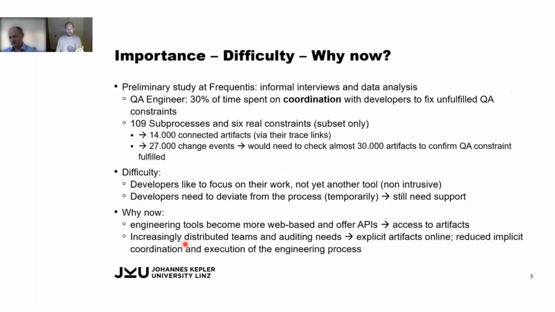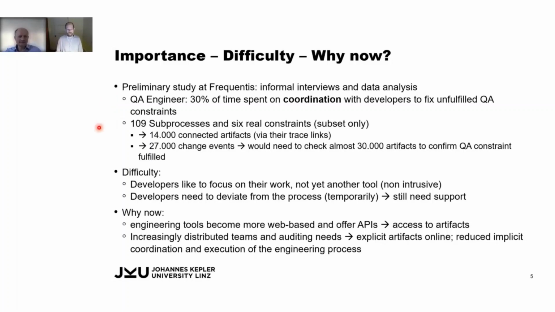So why is it important to address this now? This challenge has been there for the last years, for the last decades. One of the quality engineers at our industry partner mentioned that 30% of his time is spent on coordination with developers to fix those quality assurance issues. The load on that engineer is quite high.